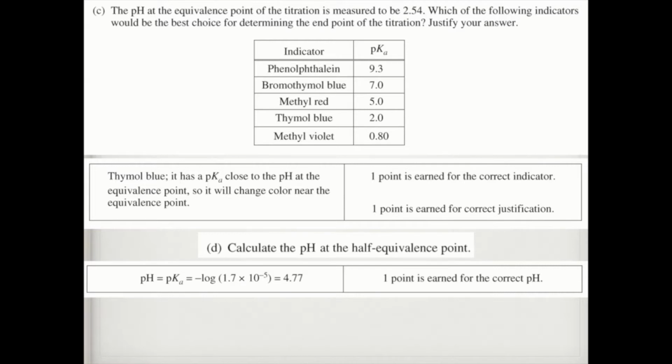Okay. In E, it says the initial pH and the equivalence point are plotted on the graph below. Accurately sketch the titration curve on the graph below. Mark the position of the half equivalence point on the curve with an X. Okay, so it starts off, you have your initial pH, you have your pH at your equivalence point, right?